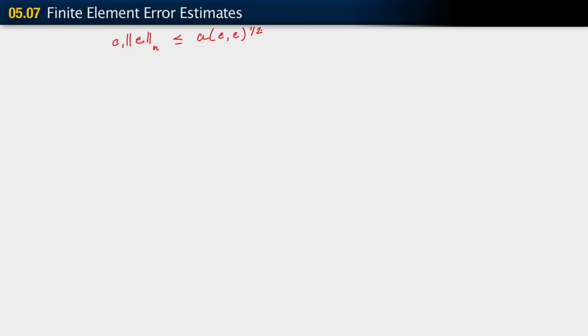Now, the energy norm of the error itself, you recall from a couple of segments ago, is bounded by a quantity which is also the energy norm of UH minus U. We call this the best approximation property.